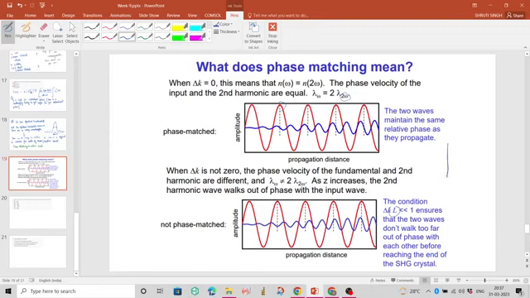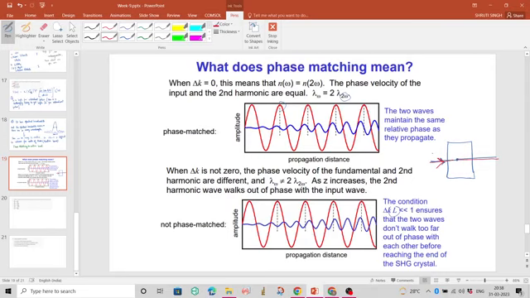So if this much is the crystal thickness, suppose here is the pump, the second harmonic gets generated, and from here the pump and the second harmonic both are traveling. The pump is my red, and from here the second harmonic and pump both are traveling in the same direction. So as soon as they travel, they should be phase matched.